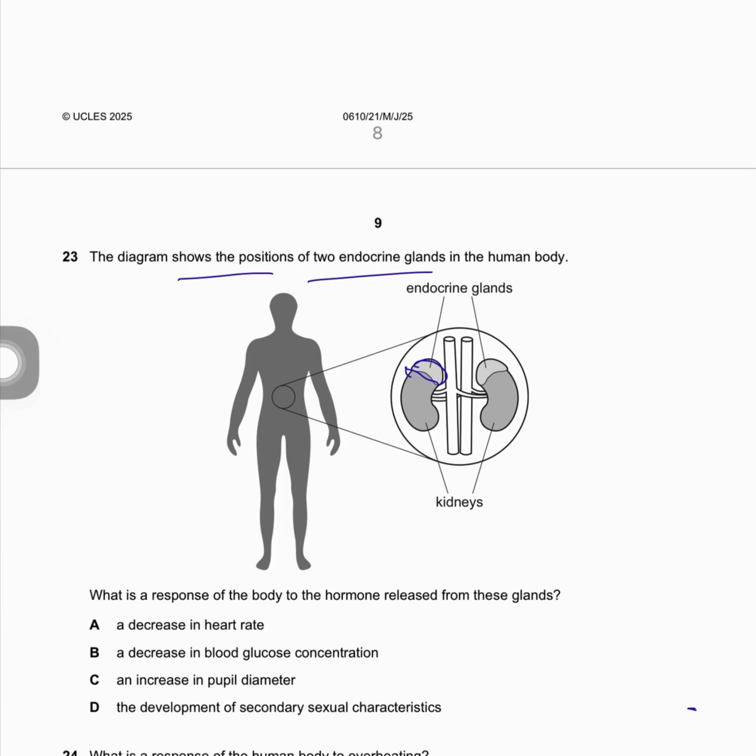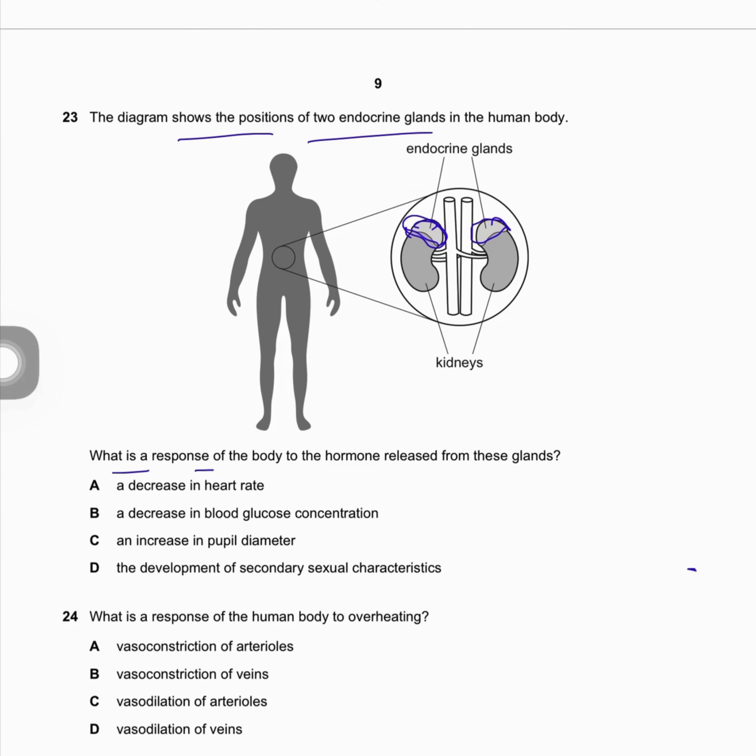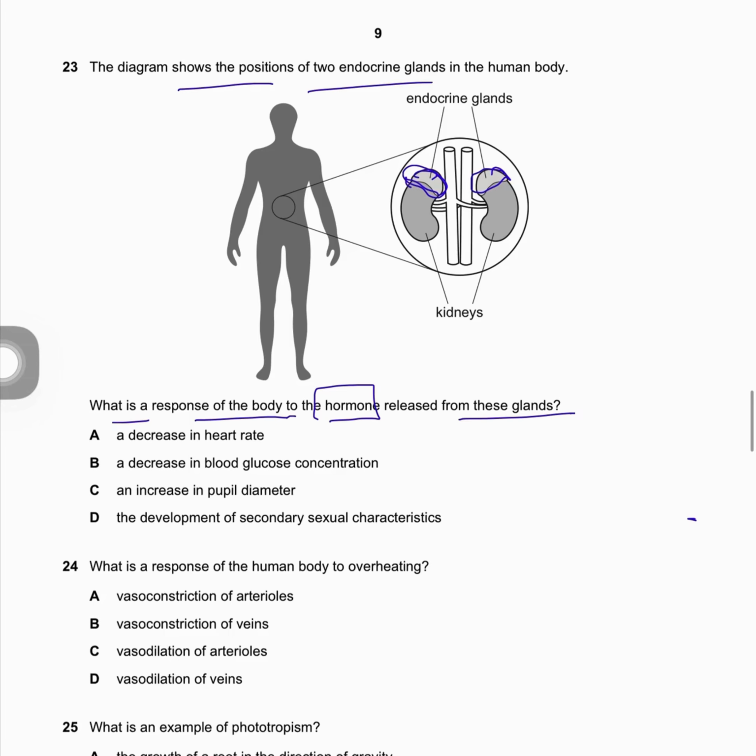Diagram shows the position of two endocrine glands, the adrenal glands, as you can see above the kidneys. What is the response of the body to the hormone released from these glands? The hormone is adrenaline. What does it do? It increases heartbeats, increases blood glucose level, increases blood pressure, and pupils dilate.